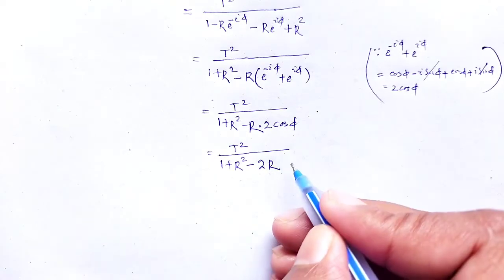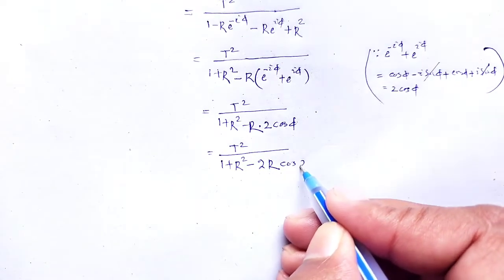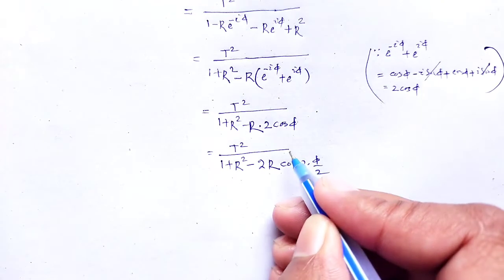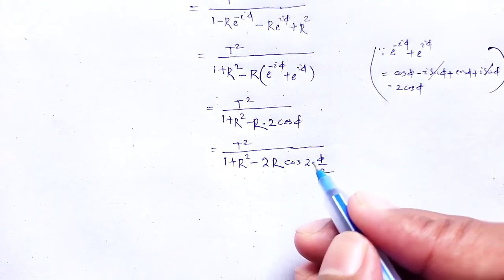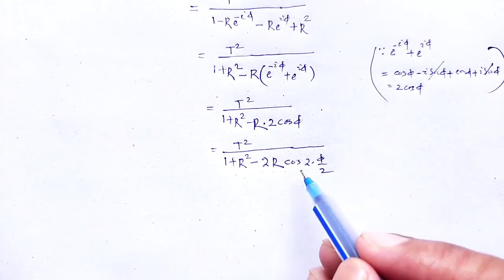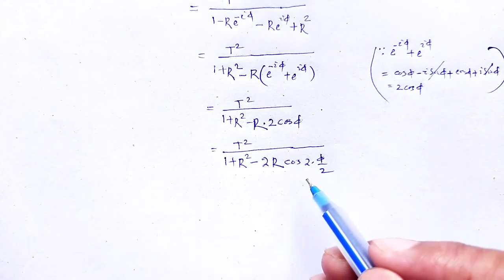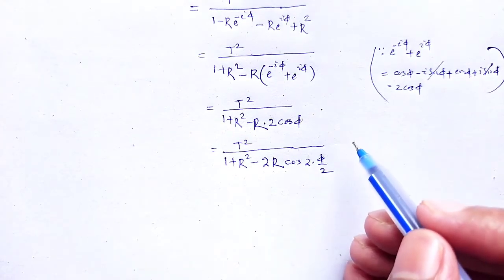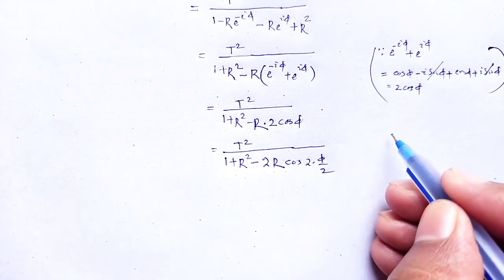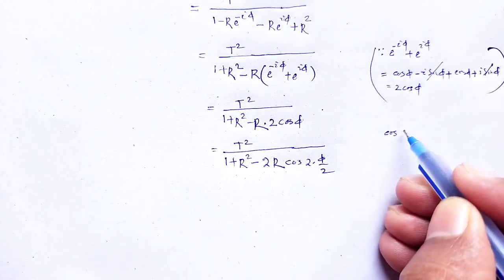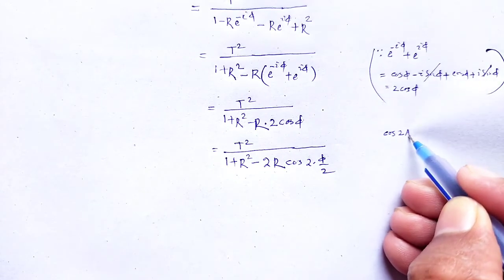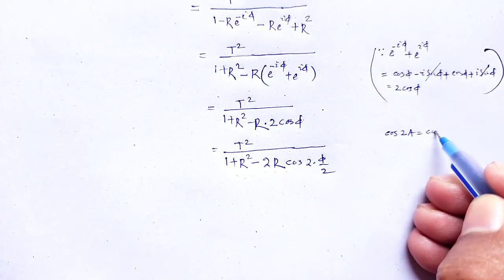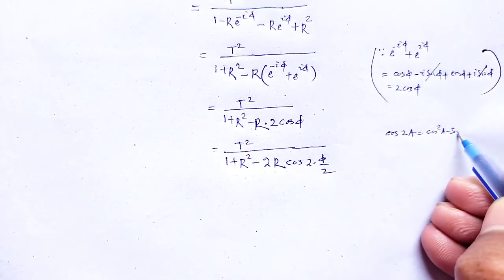Here cos phi can be written as cos 2 times phi by 2. There will be no such change. The value of cos 2a is equal to cos square a minus sin square a.